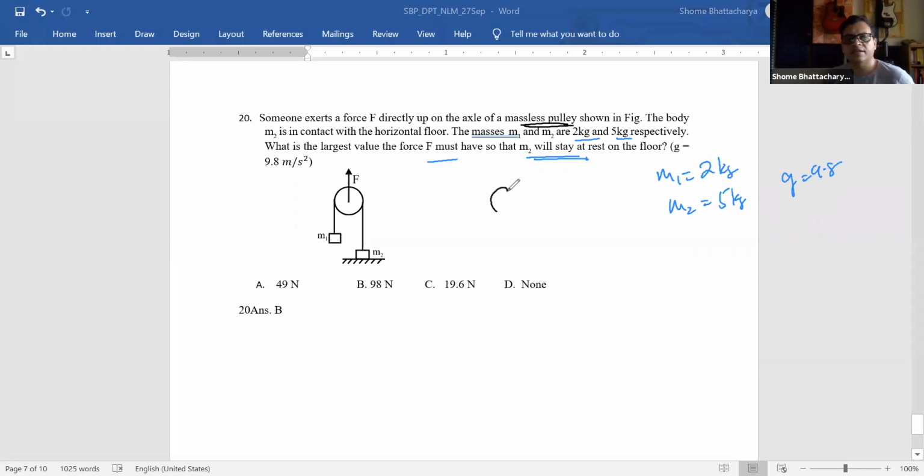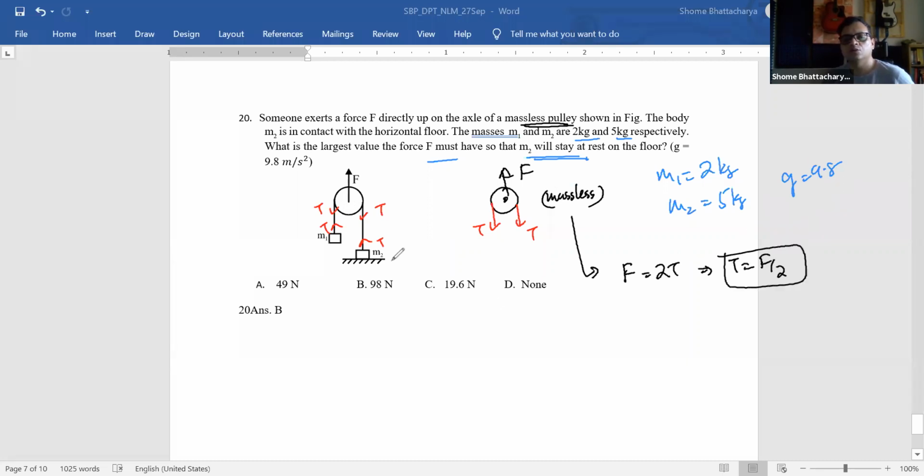So you make a free body diagram of the pulley, and whatever force you are applying on the axle will result in net force 0 because it is massless. So the tension is F by 2.